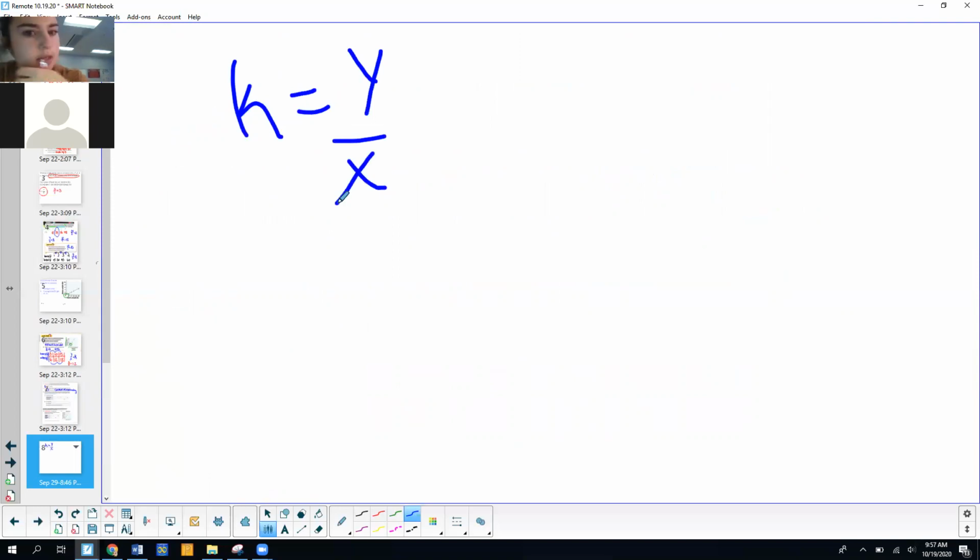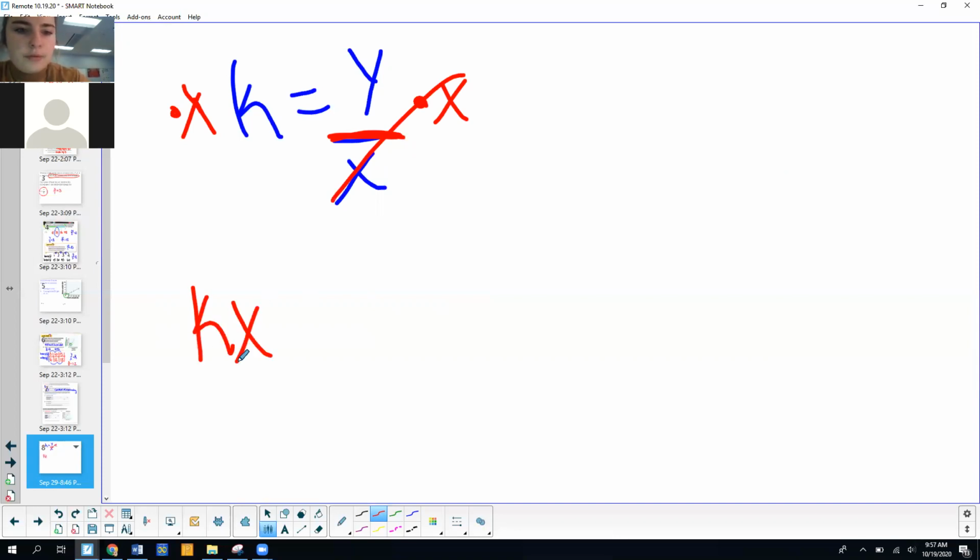So if we wanted to undo that division, so this bar right here represents division, if we wanted to move that x, we could go ahead and multiply both sides by x to move the order of things. And so what I mean by this is over here we've got x times k. So we've got kx or xk, whichever way you want to write it, and divided by x times x cancels.